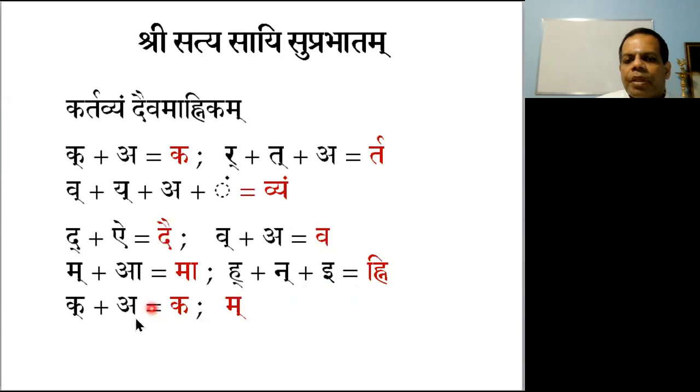Okay. The next letter is ka, which is plus a, is ka. And the last letter is Okay. Daiva mahnikam. Daiva mahnikam. That is this letter. So that we have sort of covered the first verse, the first 2 lines of the Suprabhatam. Okay.